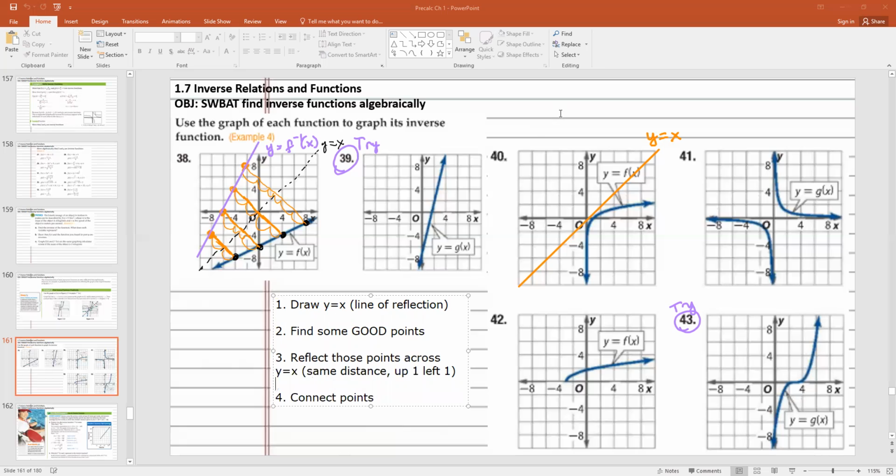And that's it. So here, look at some good points. Are these points here? I don't know. They're pretty close, close enough.